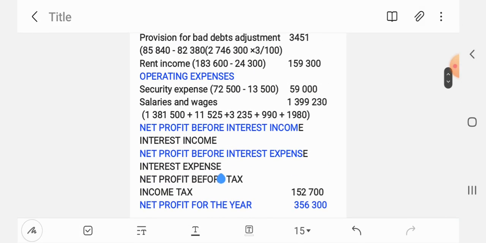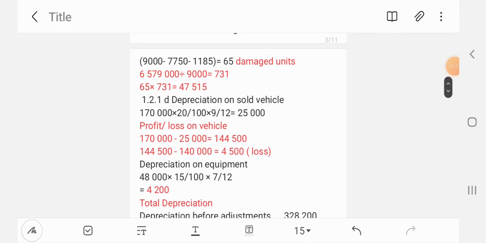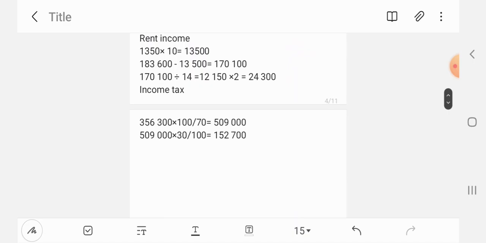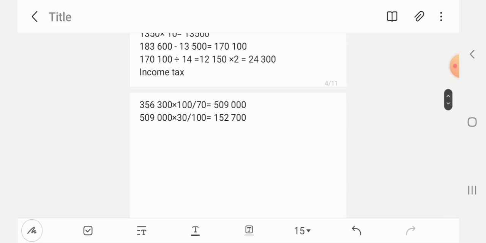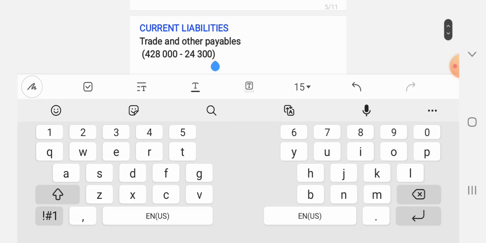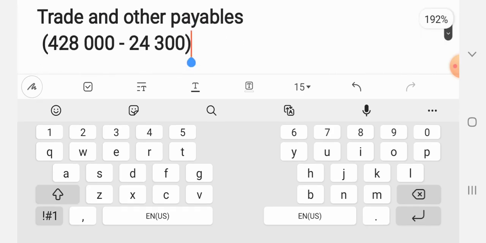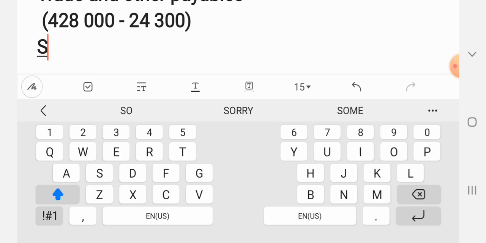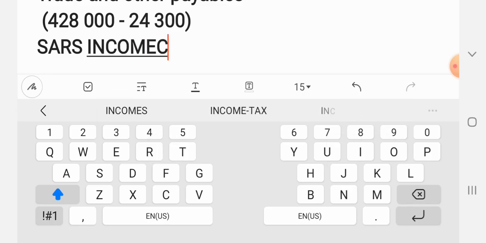Yeah. So this 152,700 we will take it under current liabilities, trade and other payables, and then we'll have SARS income tax, because they haven't said we paid it yet.